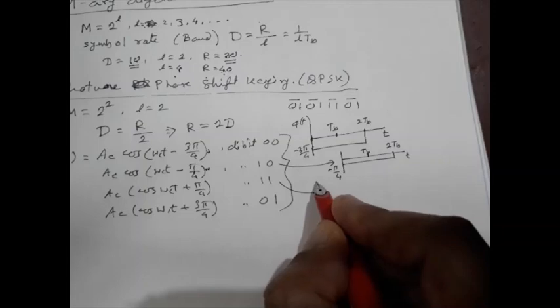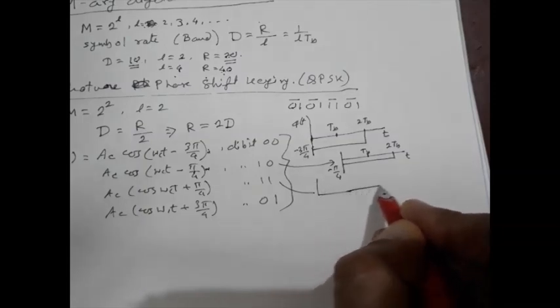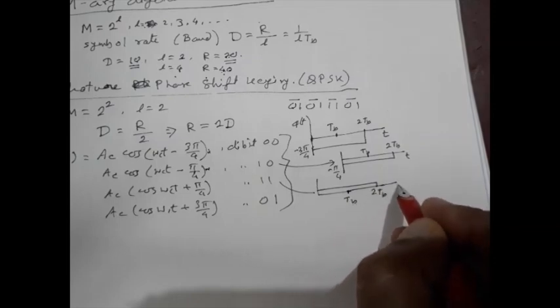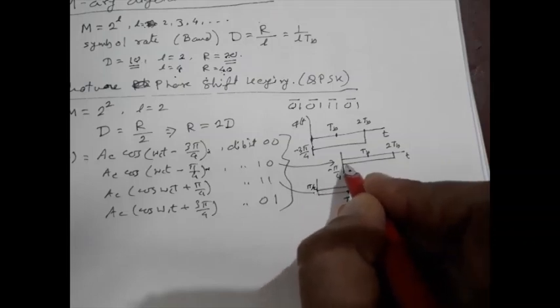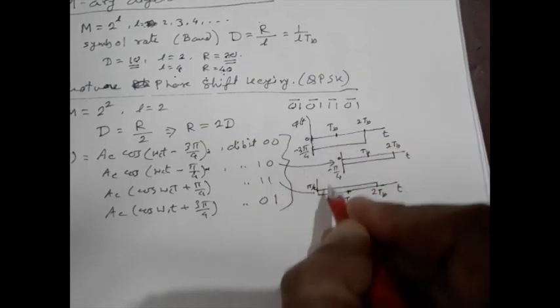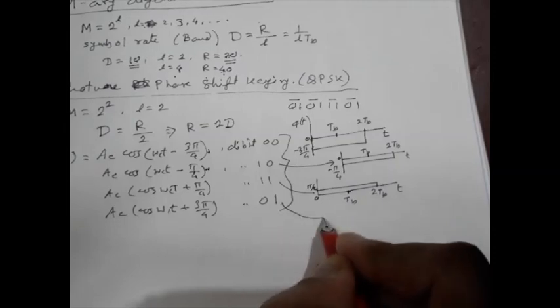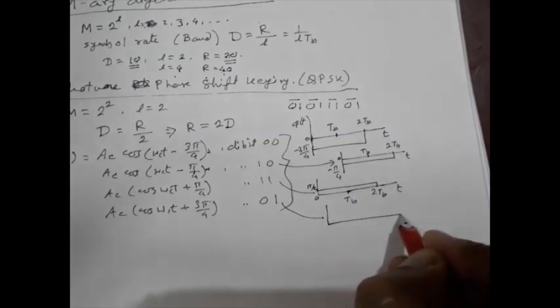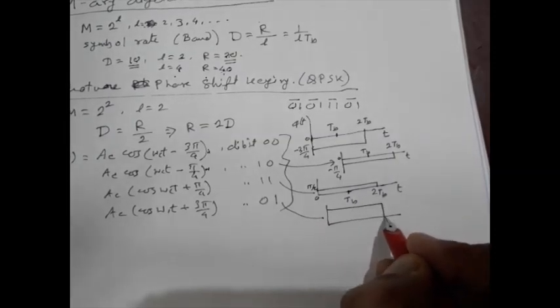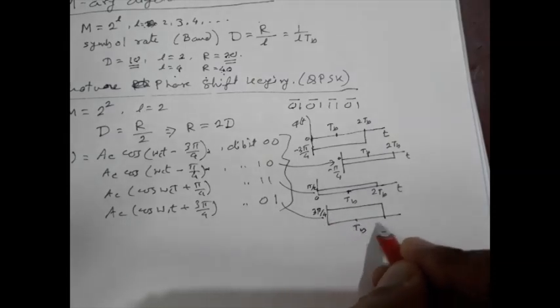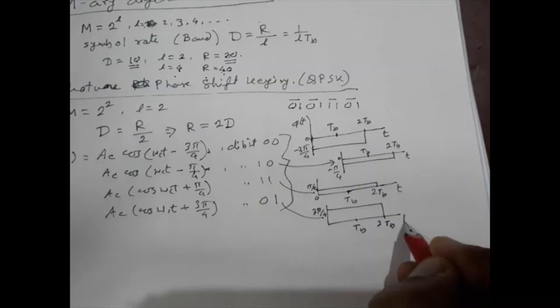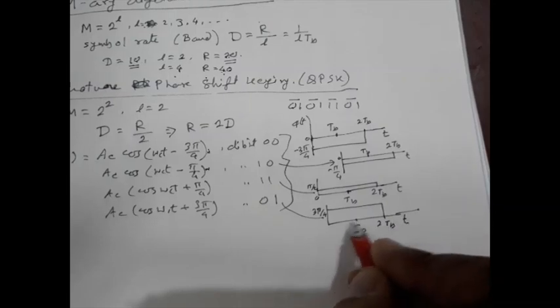For this one, plus π/4. And for this one, plus 3π/4. T_b is the bit time, the bit interval.